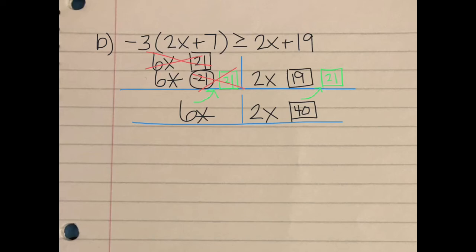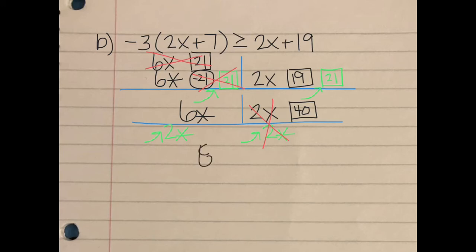Now, what I'd really like to get rid of is this 2x, so I am going to bring in 2 stars to cancel out those 2 x's, but then I also must bring in 2 stars on the left. Those 2 cancel, and I count up how many stars I have on the left.